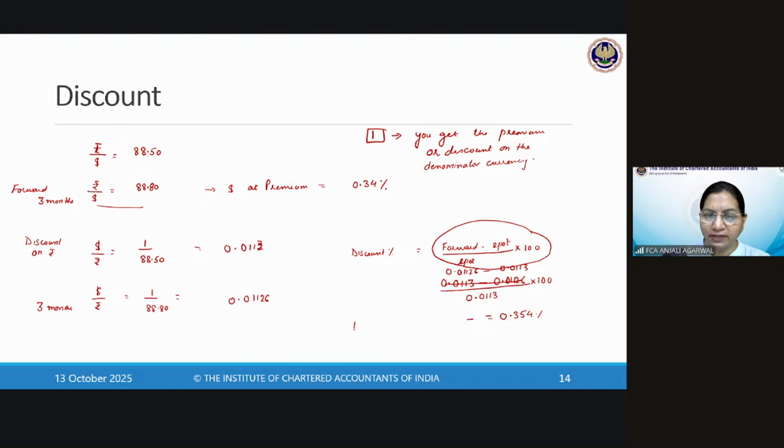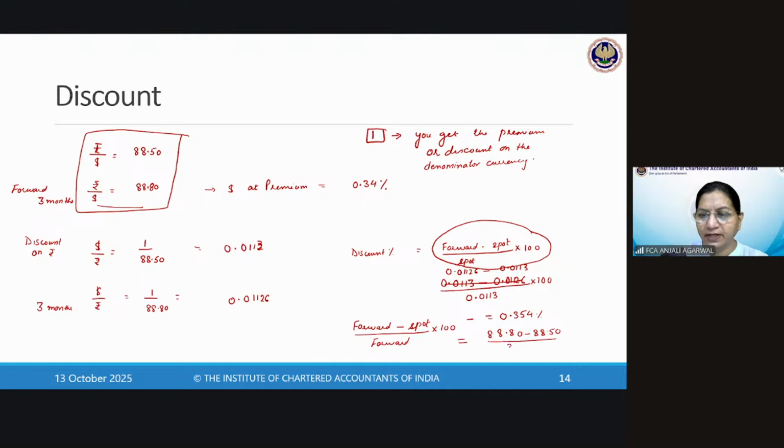The second important thing is you could have used the same formula using these quotes only: forward minus spot, divided by forward. So instead of dividing by spot, we could have divided by forward and we would have got the same answer. Look at this: 88.80 minus 88.50, divided by 88.80.